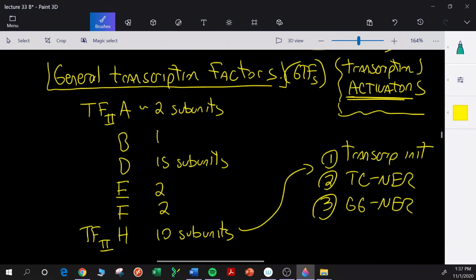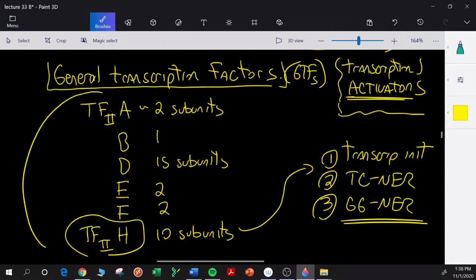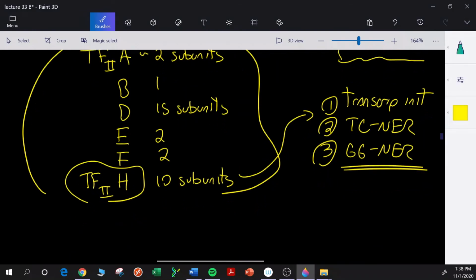Maybe you remember this from a couple of weeks ago, when we talked about nucleotide excision repair. TF2H plays an important role in that process. So these will be the complexes we talk about when we talk about the general transcription factors and initiation of transcription.